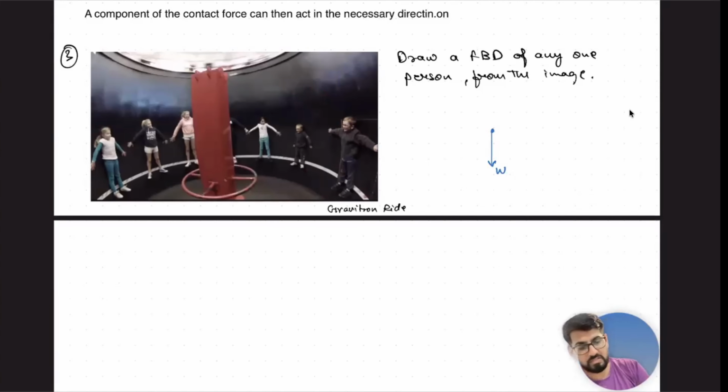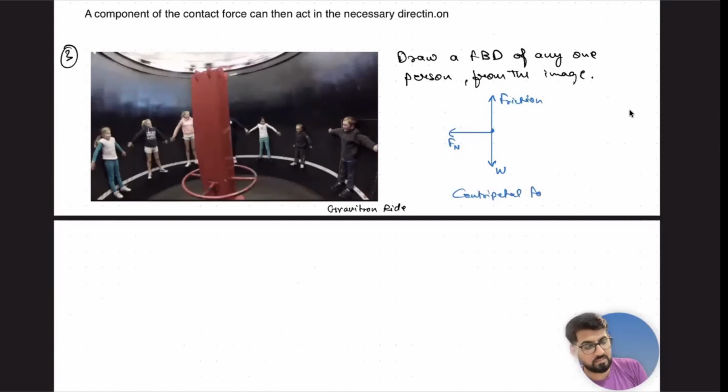So the friction is holding them in the upward direction. So in this case, your friction is acting upward, the weight is acting downward, and they are in contact with the surface. And I told you, whenever they are in contact with a surface, a normal force will be acting perpendicular to the surface. So this is the free body diagram where these two forces are equal, and the centripetal force is your normal force here.